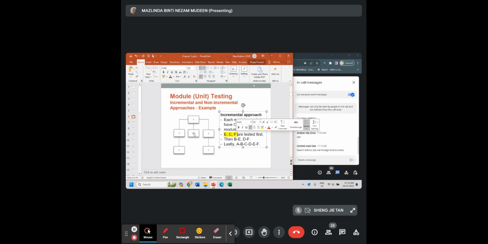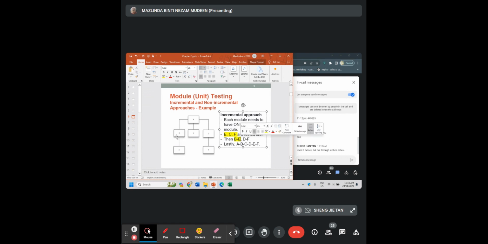This is actually the lowest level for this branch. This is one branch, right? C is the lowest level here. So E, C, and F will be tested first. Then after that, B and E will be combined.